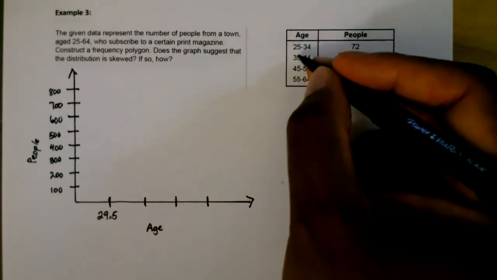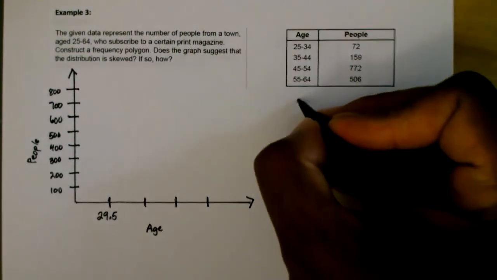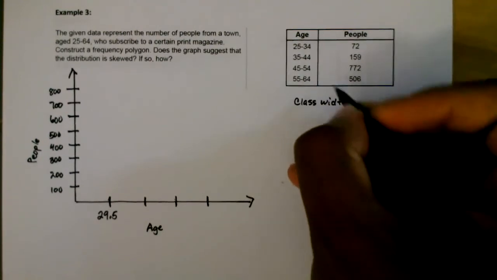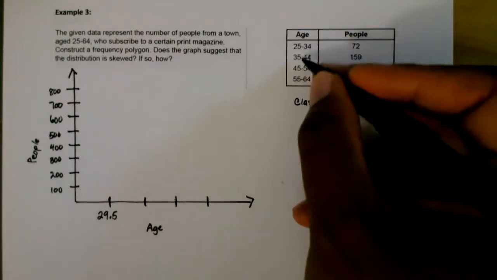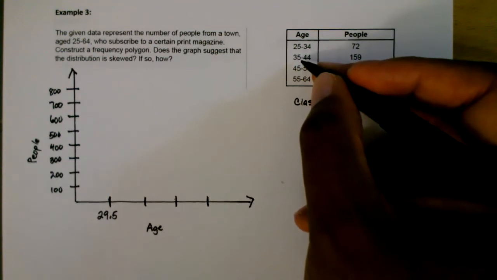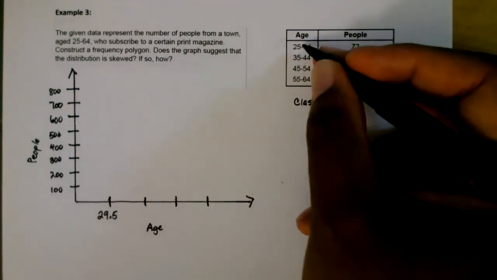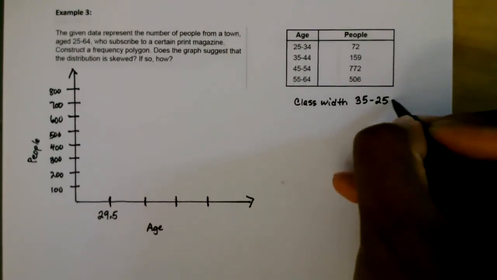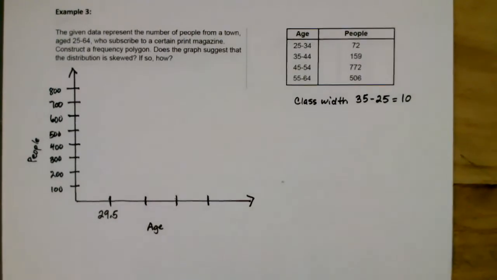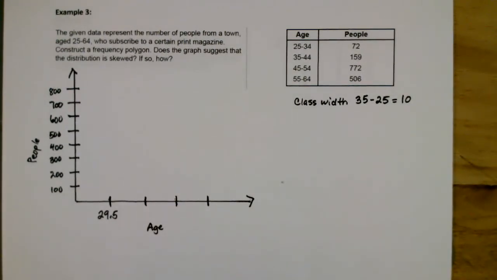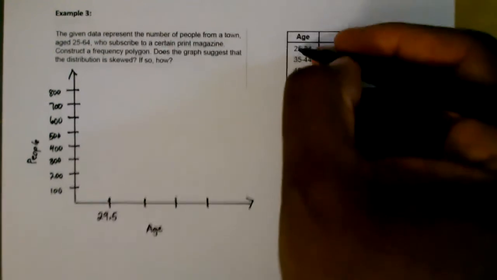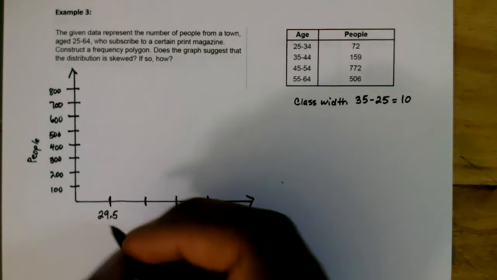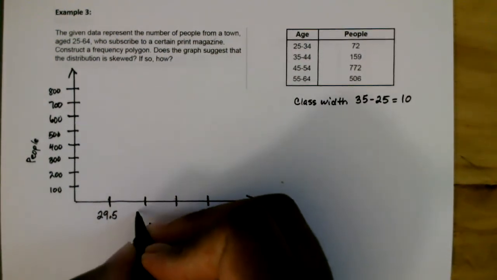But if you look at this, the class width, if you recall, we find that by taking the difference between any two consecutive lower class limits. So if I do 35 minus 25, that would give me 10. So my class width there would be 10. So let's add 10 to this 29.5 to get the next class midpoint.